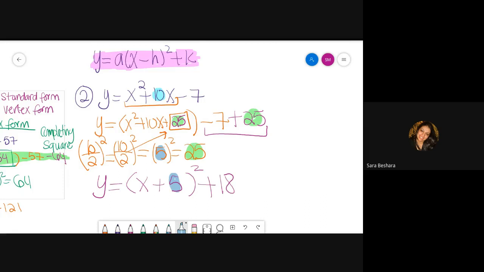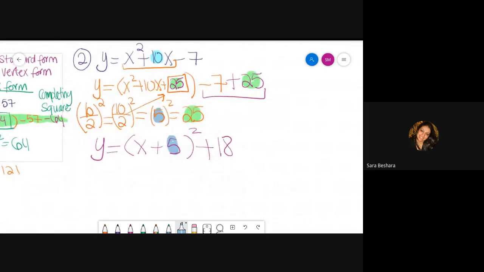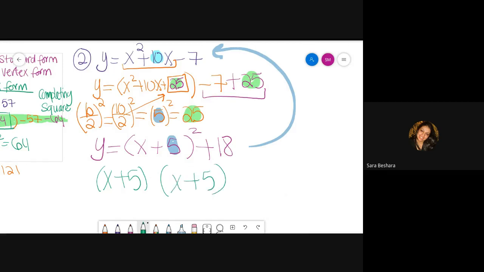If we want to go backward, just to make sure that you know the process, x plus 5 times x plus 5 will give you the expression that we created right there. Now I don't need to do that because I need my answer to be in vertex form.